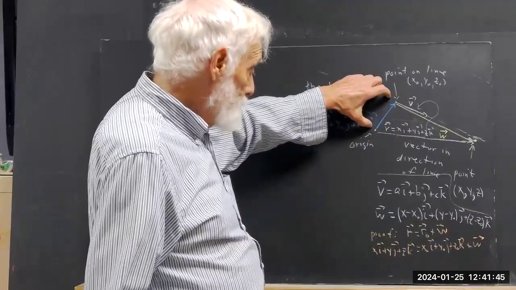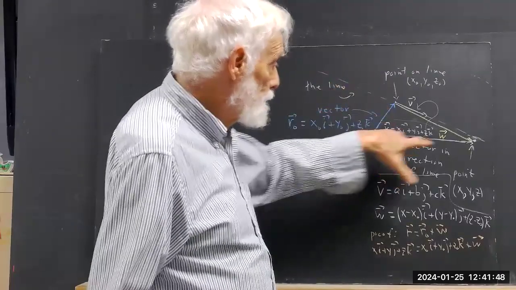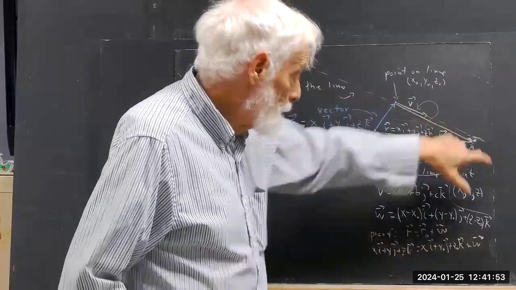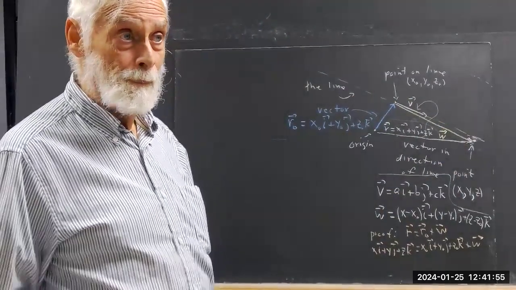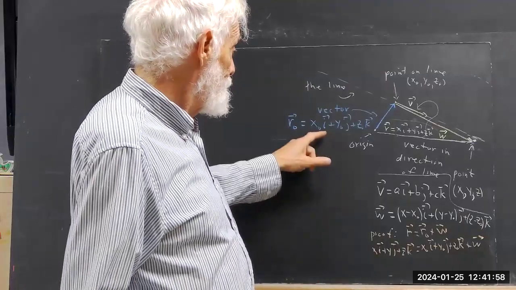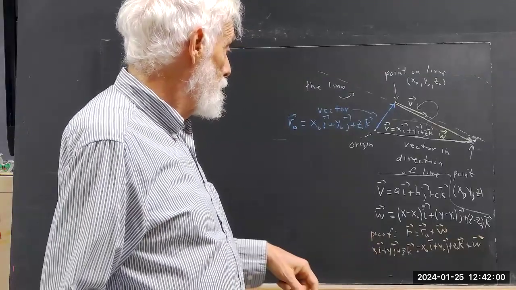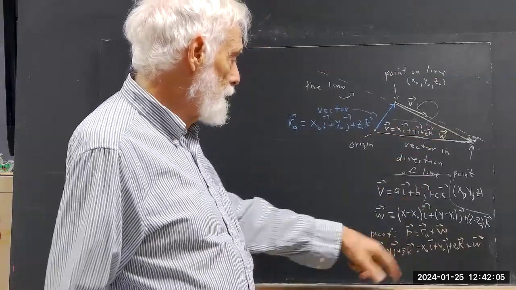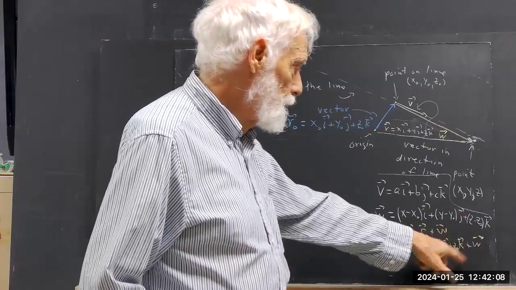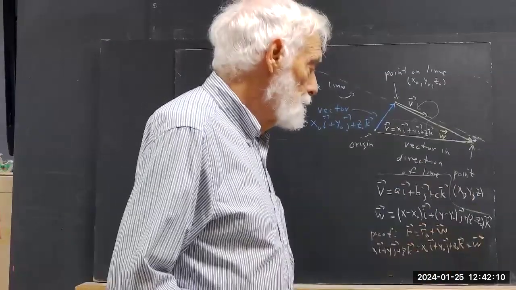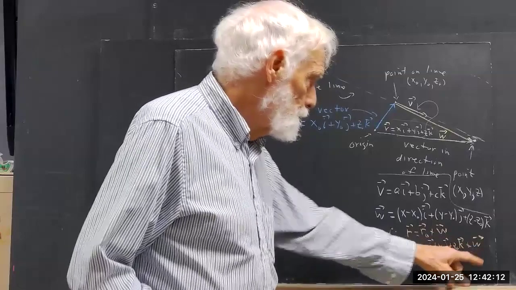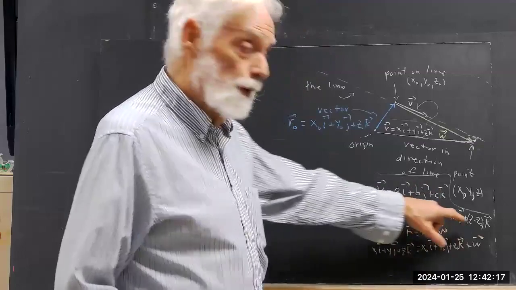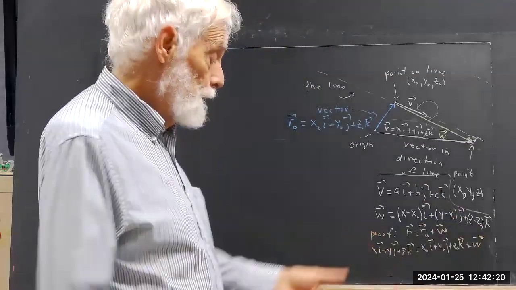R, this vector, equals R naught, this vector, plus the W vector. Okay. R, xi plus yj plus zk equals R naught, x naught i plus y naught j plus z naught k, plus W. So that W equals this vector minus this vector, which is going to give you this. Just trivial, just rearrange.